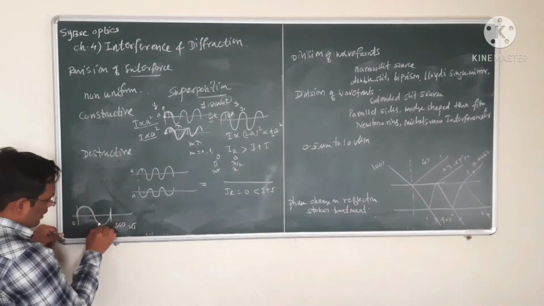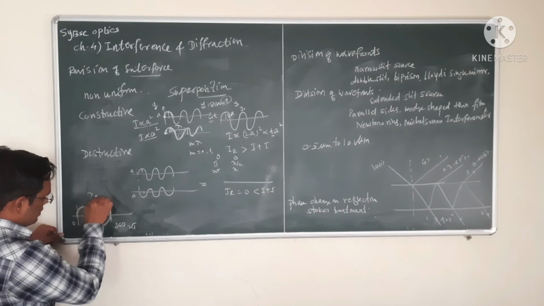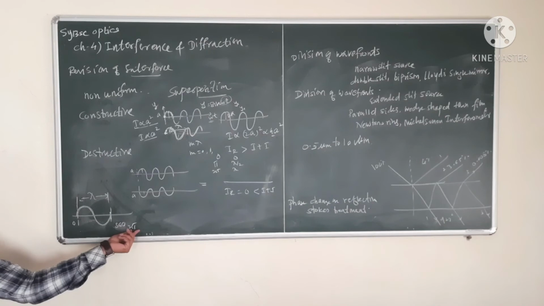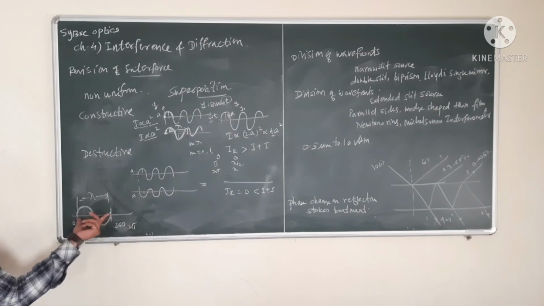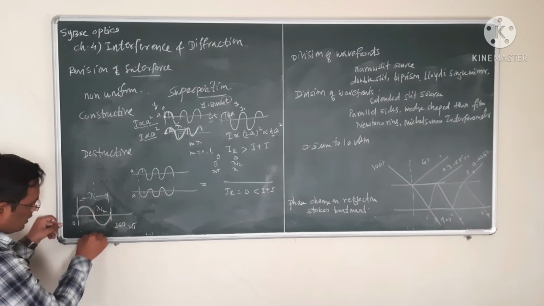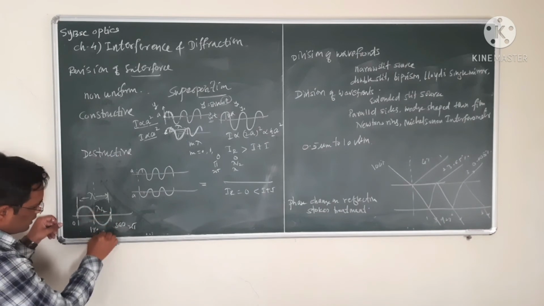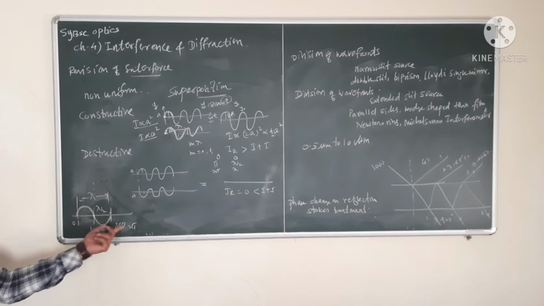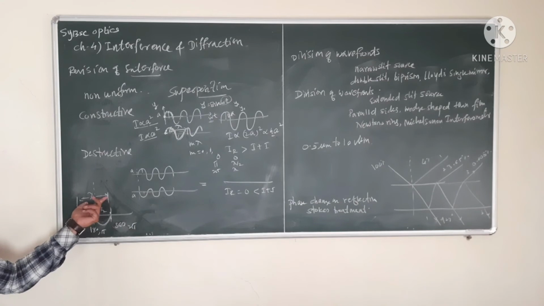A single wave completes in a 2 pi distance, and this distance is lambda. So we can say a path difference of lambda corresponds to a phase difference of 2 pi. Lambda by 2 means this distance, and that becomes 180 degrees, which is pi. So 0 means 0, 360 degree or 2 pi phase difference means lambda path difference, and 180-degree phase difference means lambda by 2 path difference.